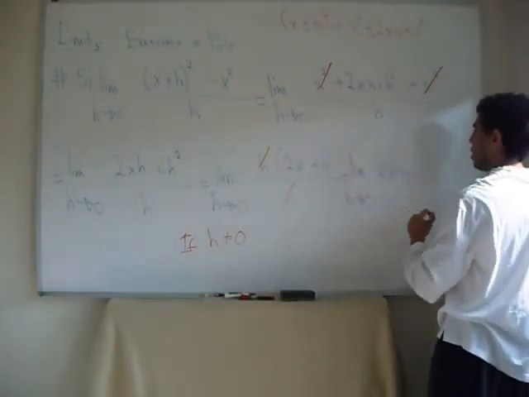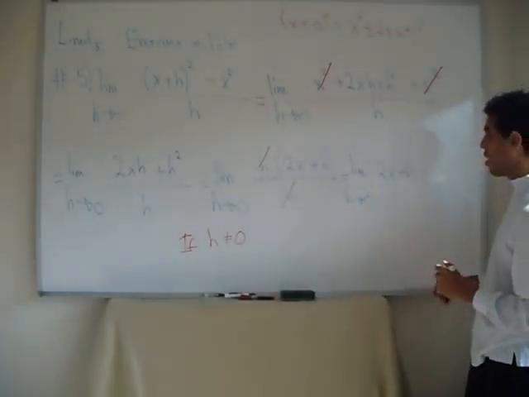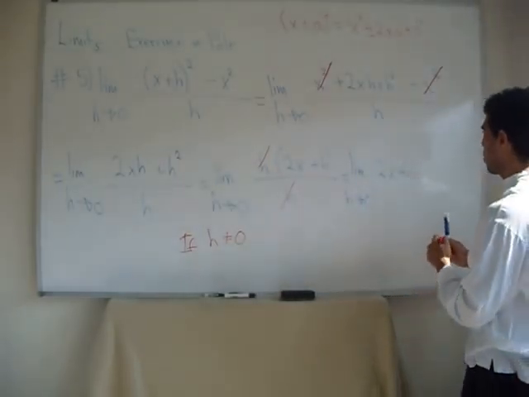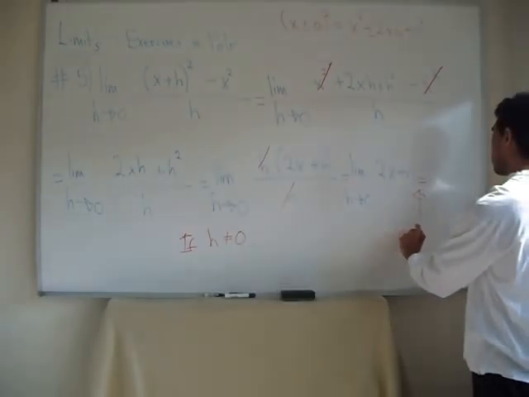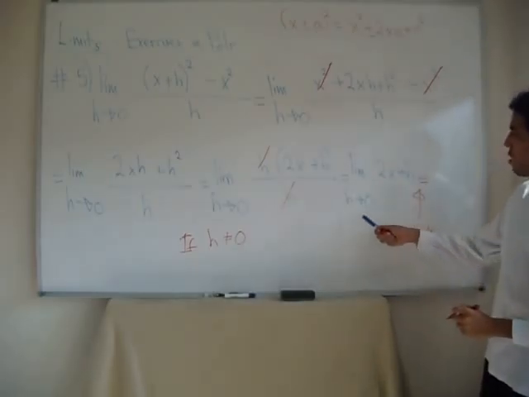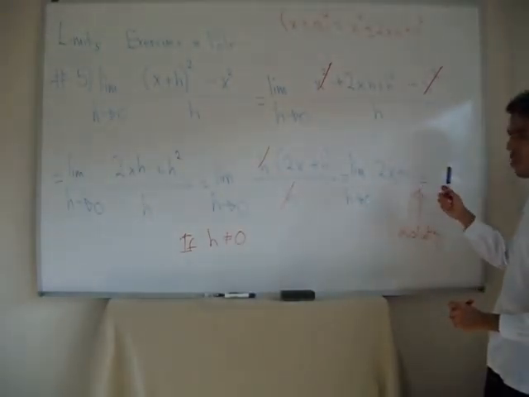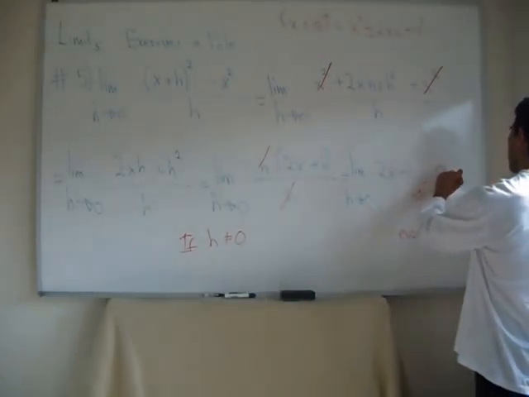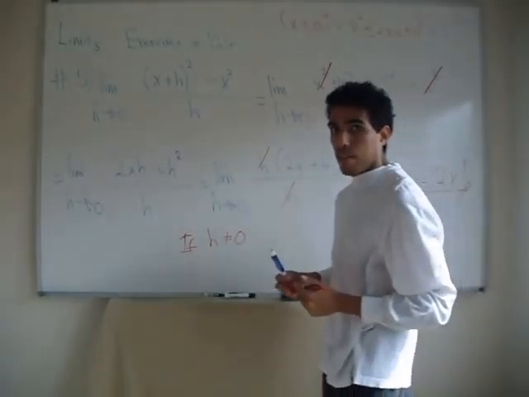And again, remember, in this particular example, the variable is h, it's not x, okay? So now I can evaluate, and if h tends to 0, then I have 2x plus 0. And 2x plus 0 is 2x. And that is the result of the exercise, okay?